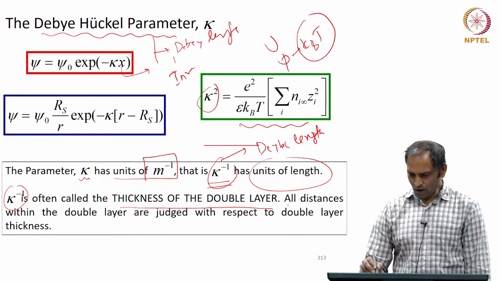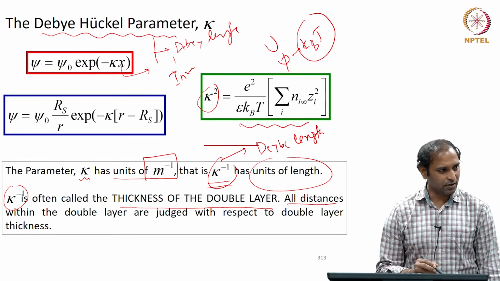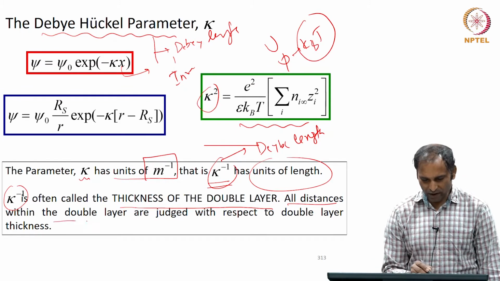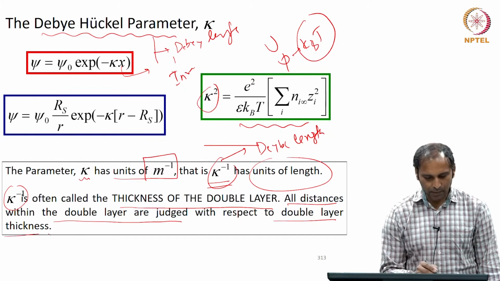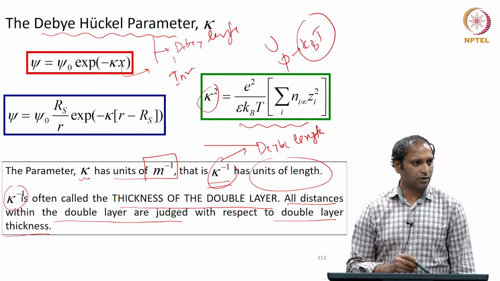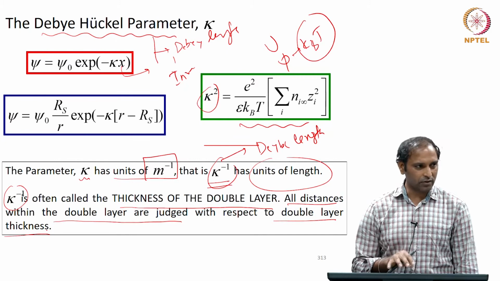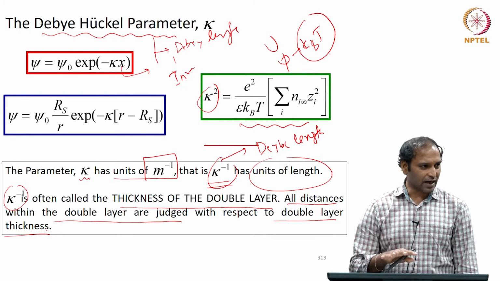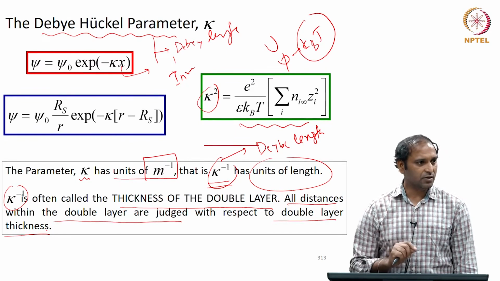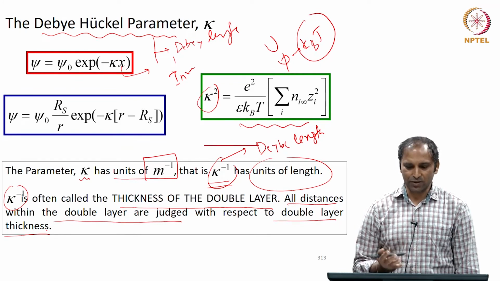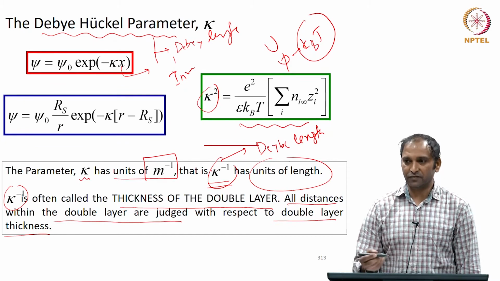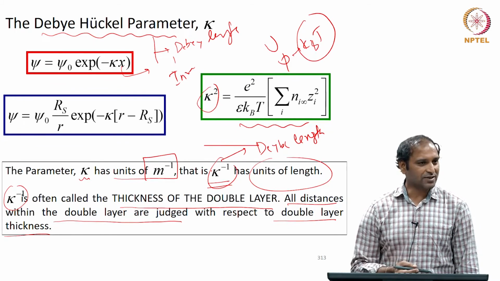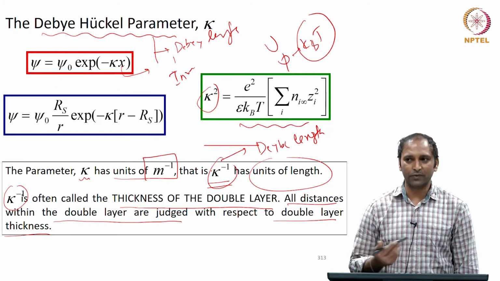Similarly, all distances within the double layer are judged with respect to the double layer thickness. So, when you are working with electrical double layer interactions in charged dispersions, you will always ask what is the size of the particle compared to K inverse, and what is the distance between the particles compared to K inverse.